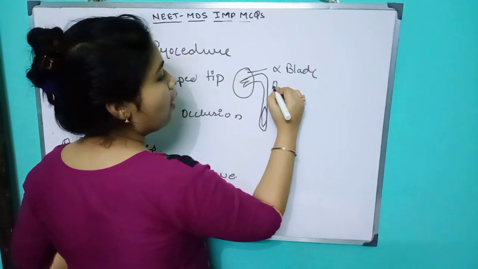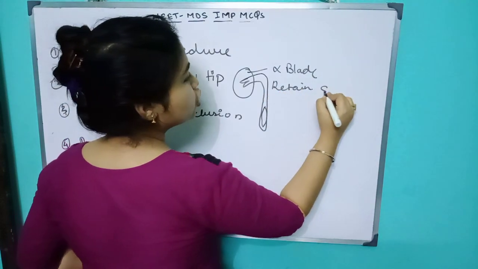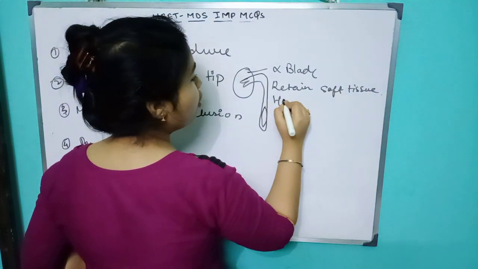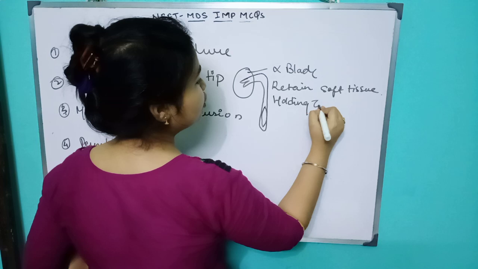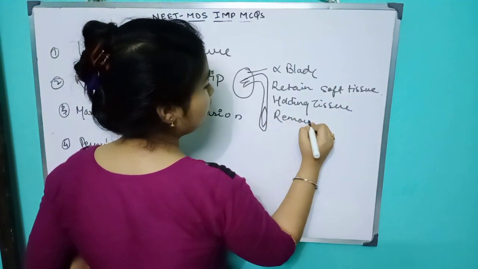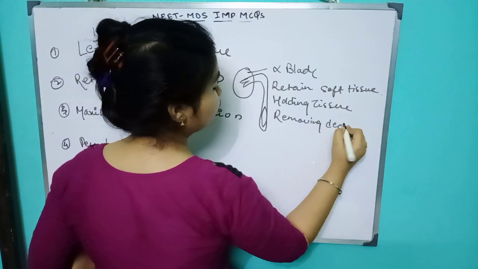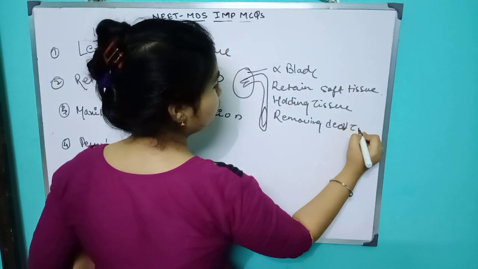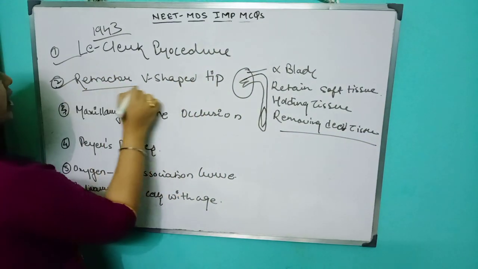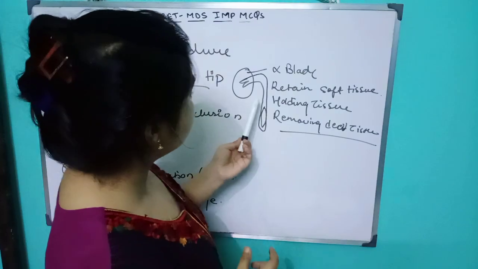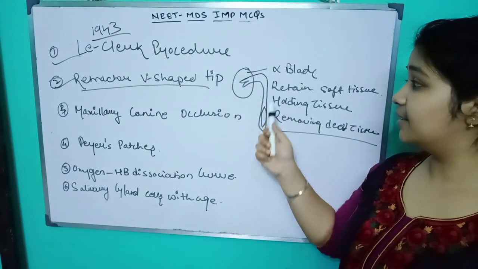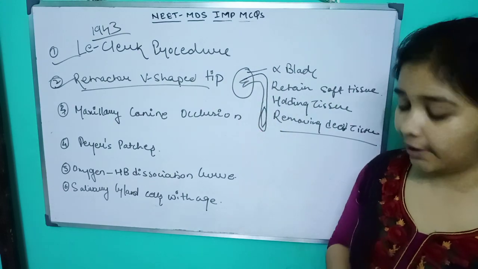It helps to only retain soft tissue, or hold tissue, or remove dead tissue. This is what we get in the V-shaped tip retractor. Please ignore my diagram, it is very bad, but the instrument looks like this.